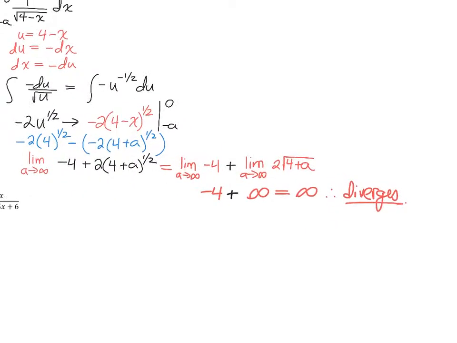All right, and all diverging means at this point is that it's not going to capture any area. It's not going to capture a finite area. That area is going to grow as you grow your x value. And so if you were to put this equation in your calculator, you would actually see that.